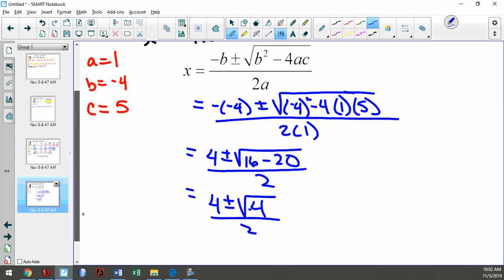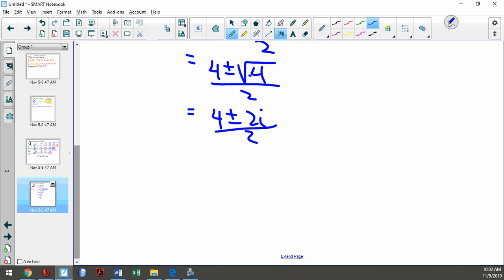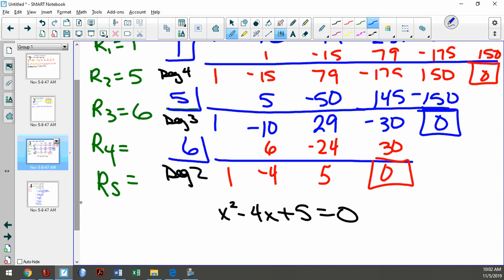All over 2. And what is the square root of negative 4? 2i. Yep. And then go ahead and reduce that. That gives you a 2 plus or minus an I there. So that's what I know my roots to be.